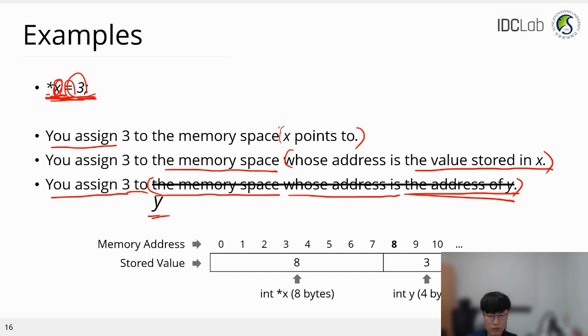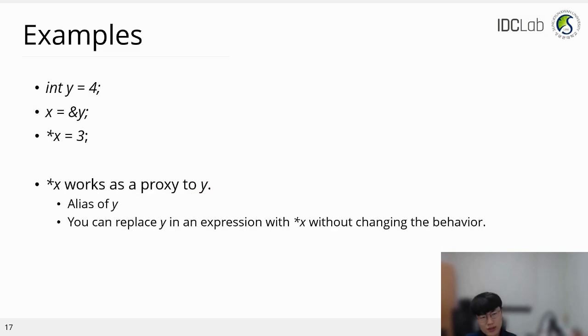The name is just optional. A name is not necessary. So in this example, the reference x works as a proxy to y. Actually, they are equivalent. So you can see the reference x as an alias of y. They are just the same.